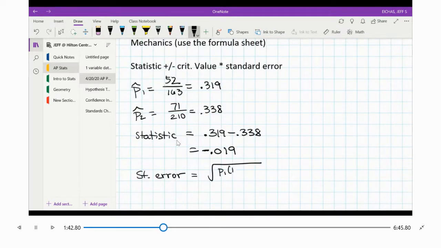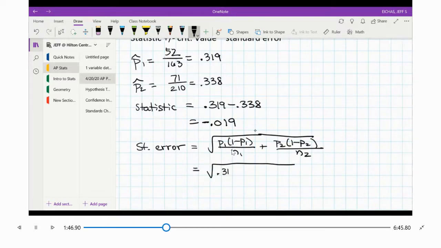Your standard error, okay, is going to be... let me explain why I used this for our standard error. That's because when you're estimating a difference, there's an assumption that there is some kind of a difference.